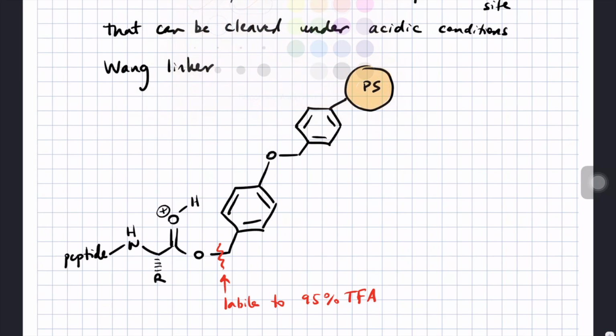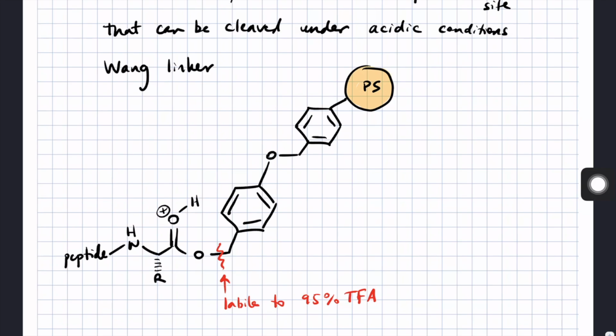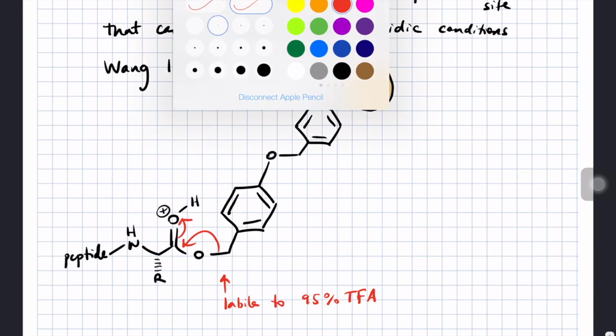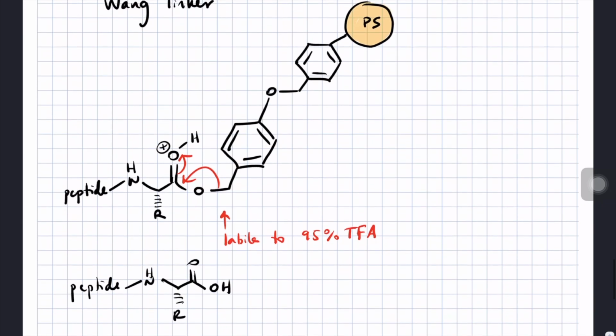At that point, the oxygen here leaves from the benzylic group and takes these electrons, and your peptide leaves from the resin. That's the cleaving part of the reaction.